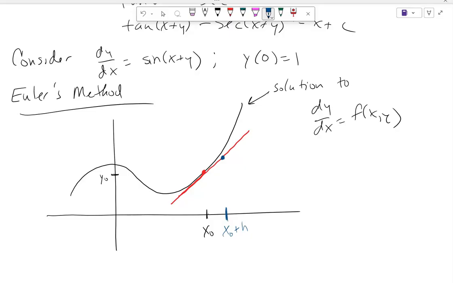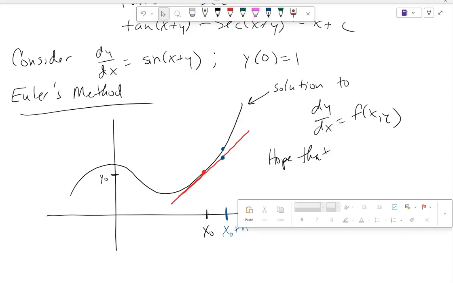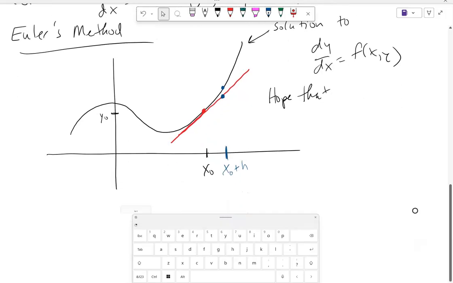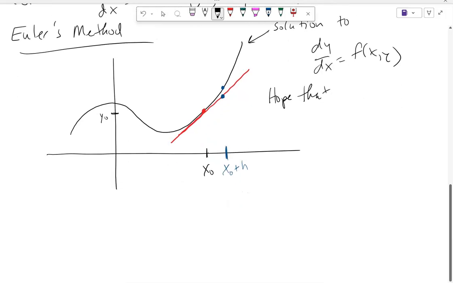And the idea behind this, hopefully, is that those 2 points are close together. We hope that y of x naught plus h is close to what?